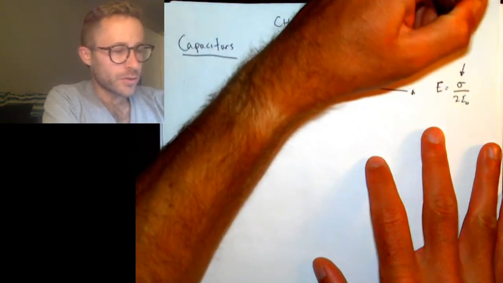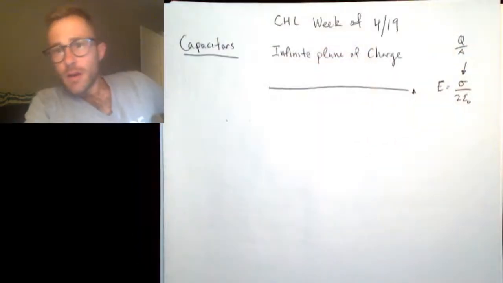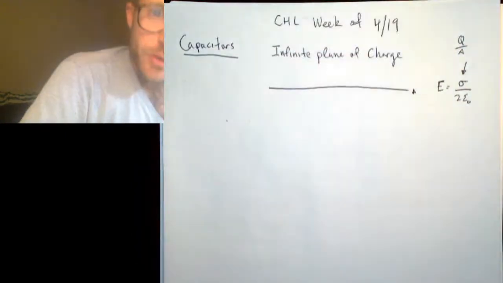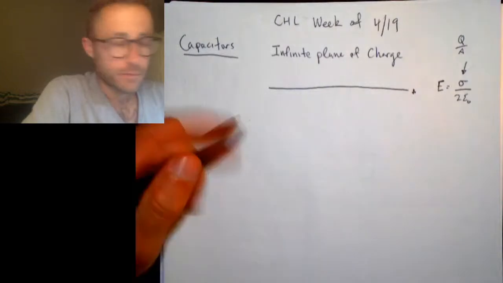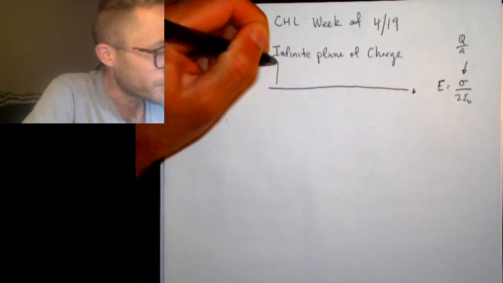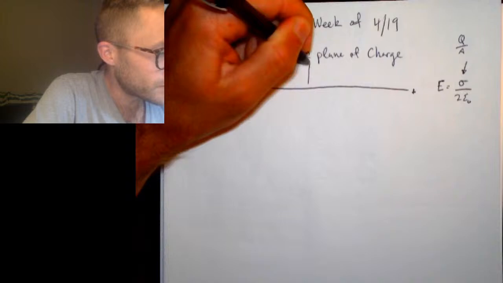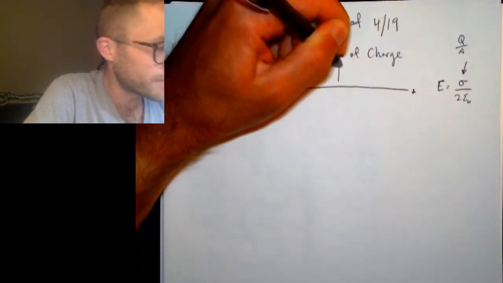So that's charge per area. The electric field points away from the plane because it's positive.